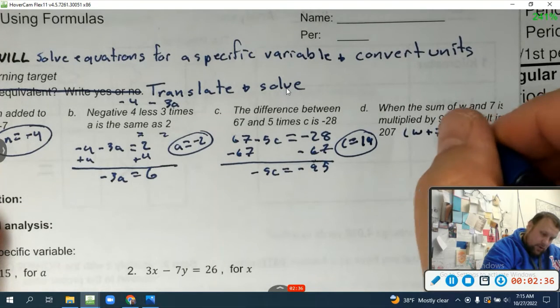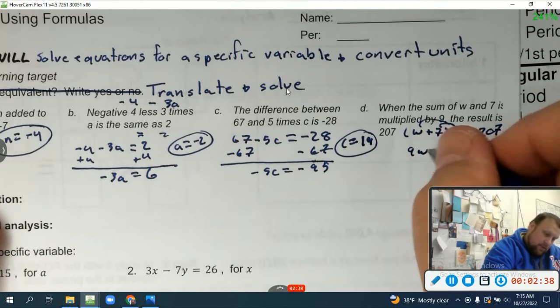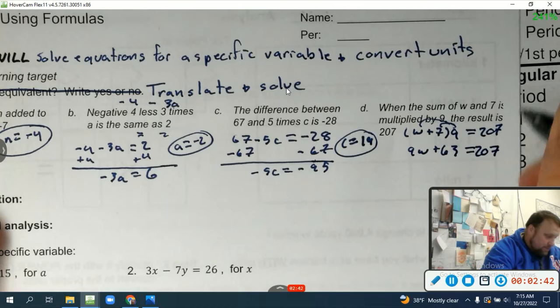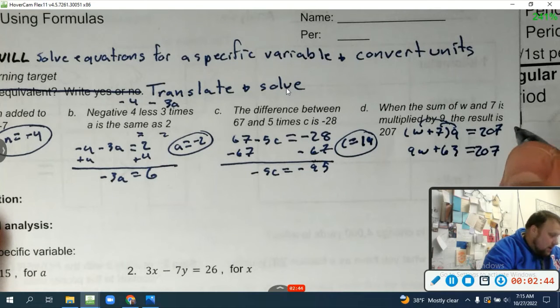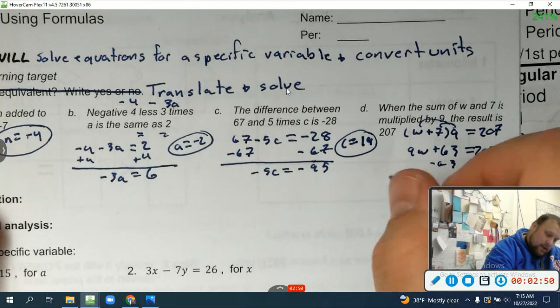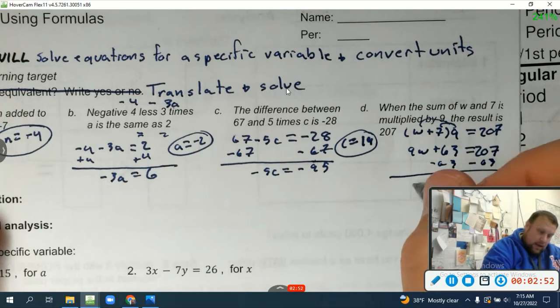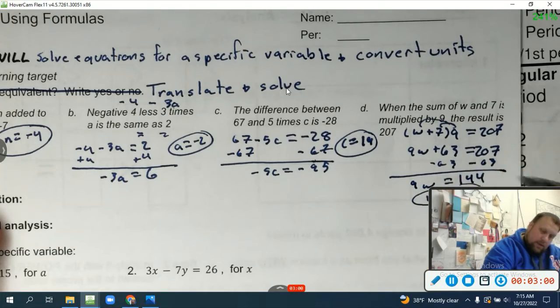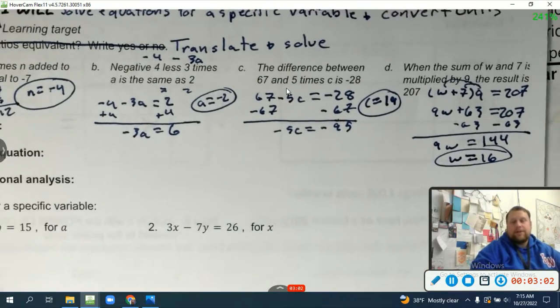So I'm going to distribute that 9, and I get 9w plus 63 equals 207. And when I subtract 63 from both sides, I get that 9w equals 144, or w, when I divide by 9, equals 16. I know you couldn't see that, so sorry.